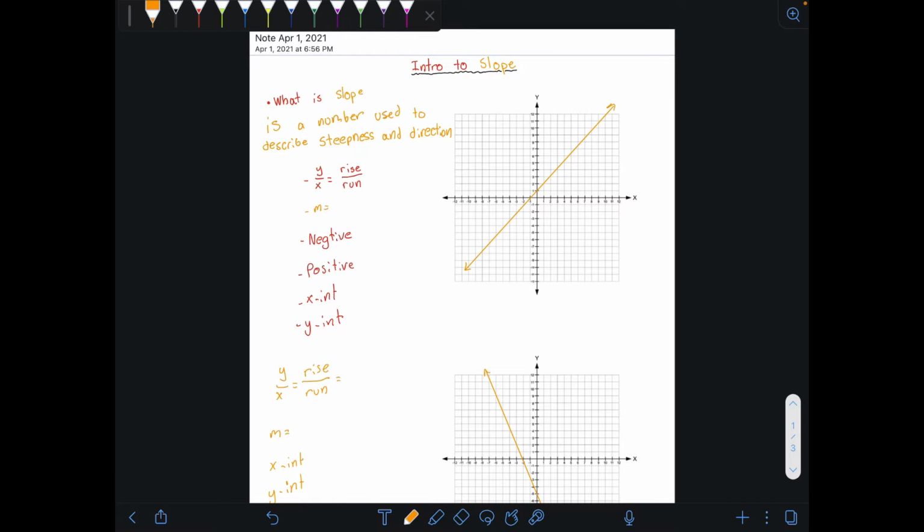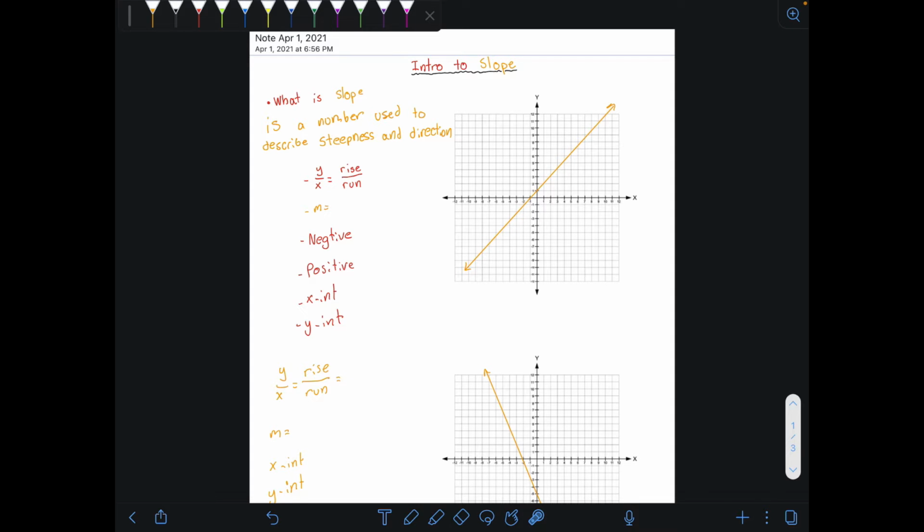Okay, now over here you see I've written rise over run. So what is rise over run? It is y over x. Well, let's just refresh. We have our y-axis and our x-axis right here, and with our line, we can see our line crosses both.